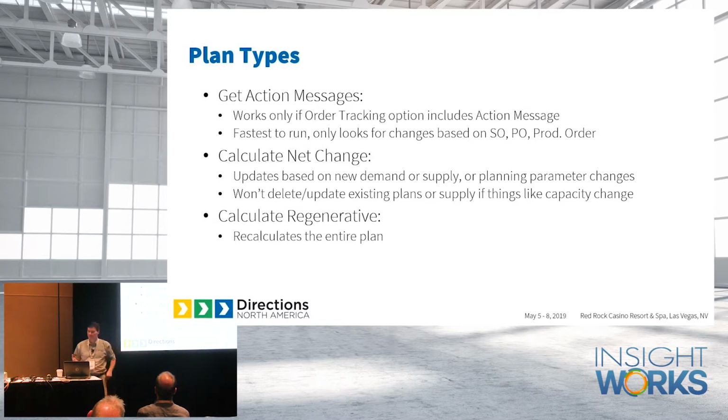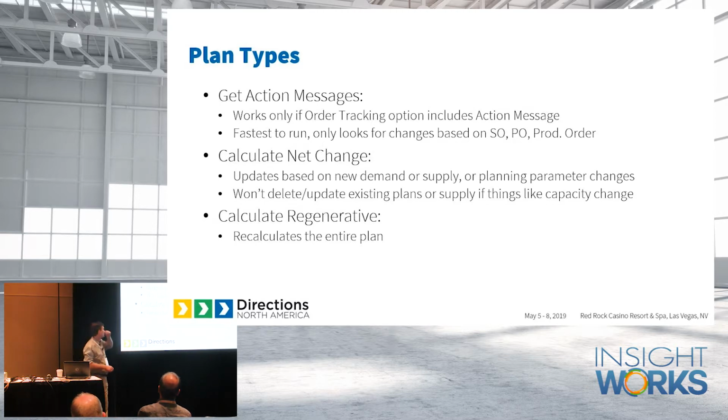One is get action messages, which I mentioned, where if you've made a change to a sales order or purchase order, it'll bring that change in immediately. It doesn't replan anything, it's just getting new demand. And that's bad and good. It's bad because it doesn't look at the full supply demand profile. It's just looking at the new stuff that's popped in.